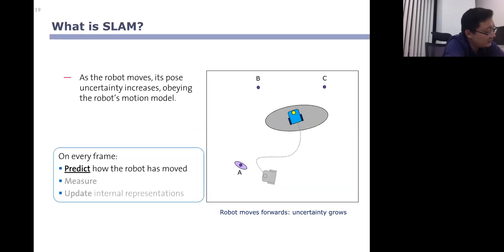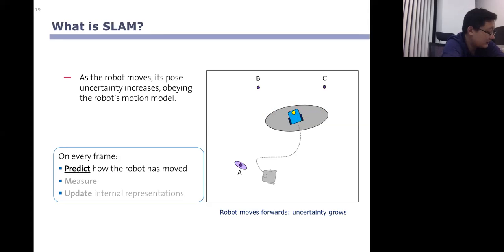When the robot moves, its pose uncertainty will increase, obeying the robot's motion model. As we mentioned, like a typical differential drive robot, you have greater uncertainty on the side and a smaller uncertainty along the direction of travel, so you're more sure about how far you travel.